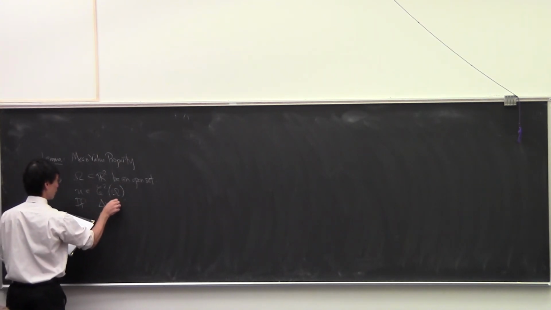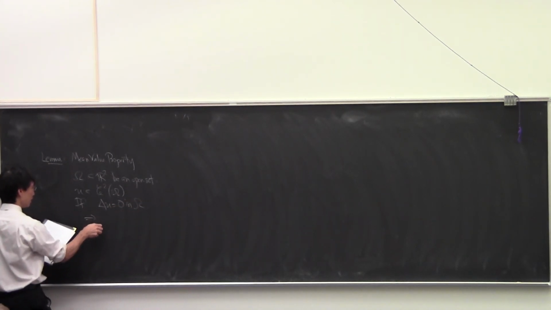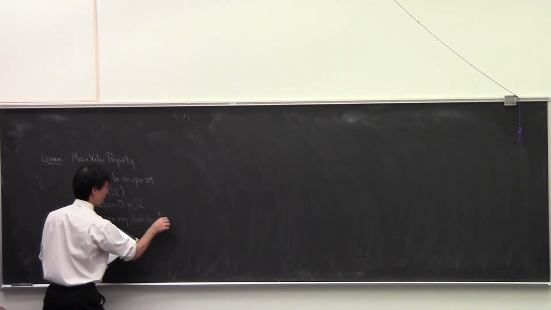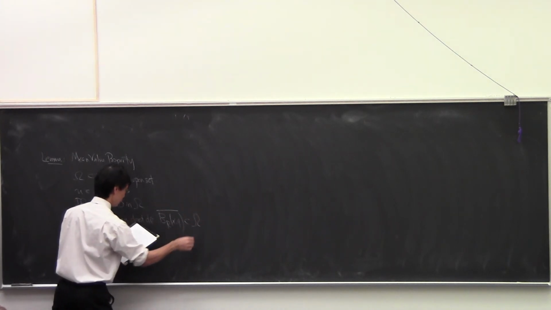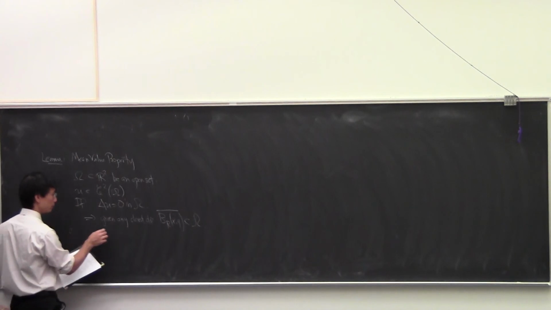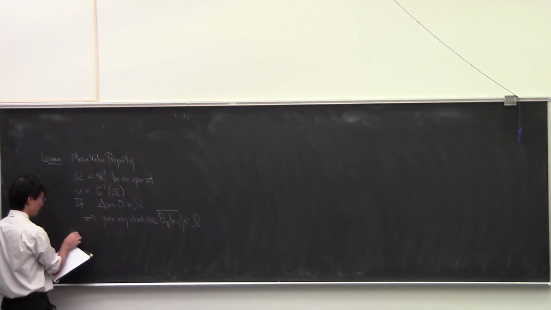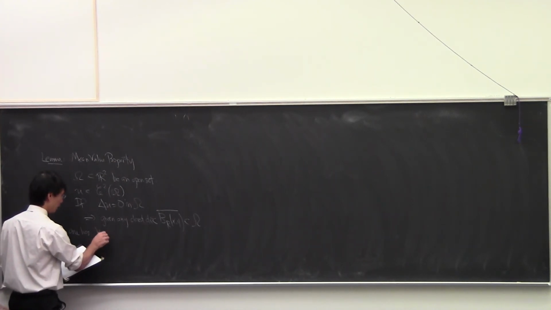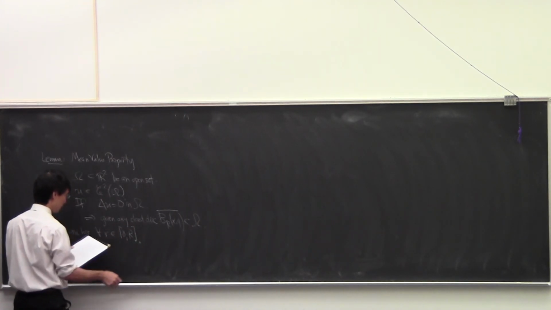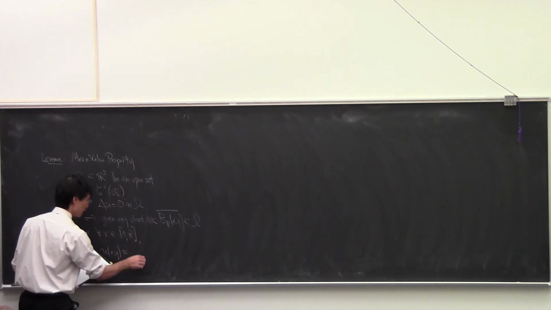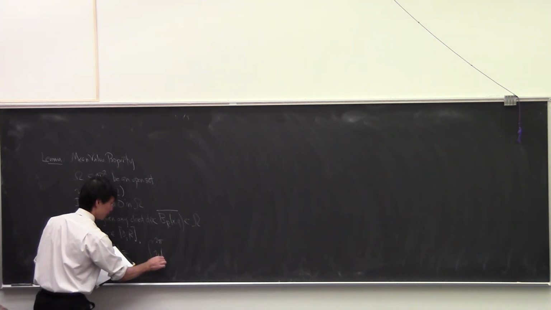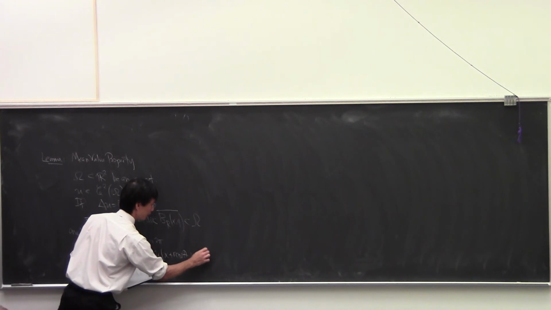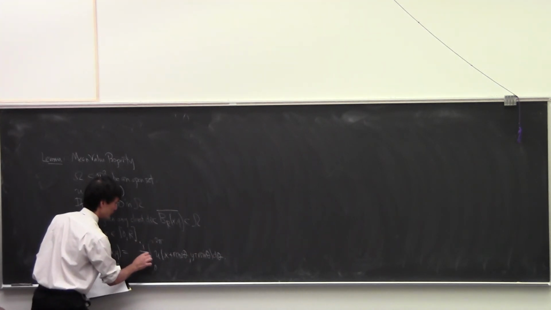If u is harmonic in omega, then given any closed disk B_R in omega, one has, for all r between 0 and capital R, that u(x,y) is equal to 1 over 2 pi times the integral of u(x + r cos theta, y + r sin theta) d theta.